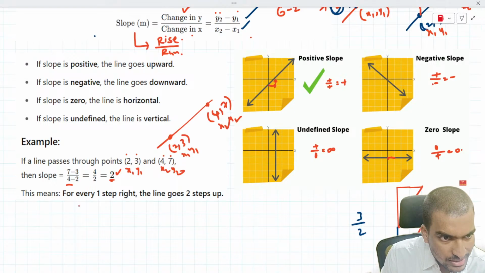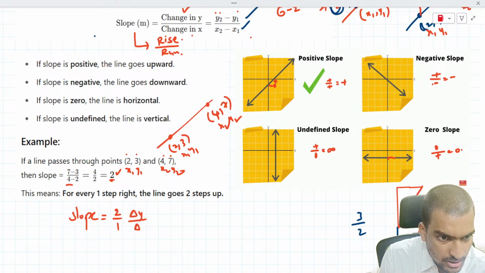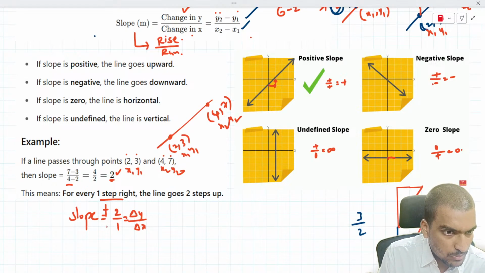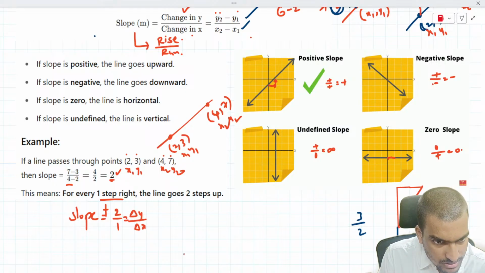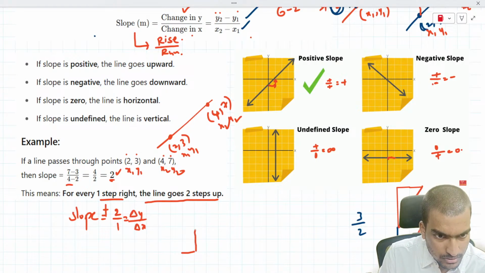What is this 2 saying? Slope is 2. In the denominator nothing is there, which means 1 is there, so it's change in y by change in x. What does this 2 by 1 say? For every 1 step to the right, and we got a positive slope, the line goes 2 steps upward.